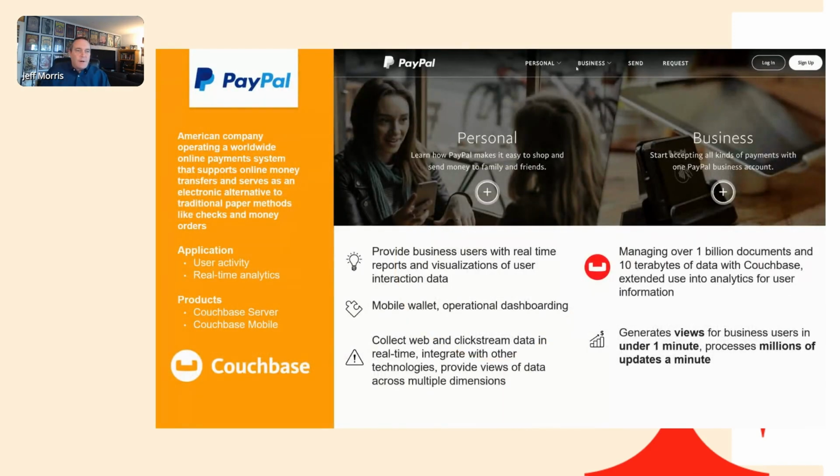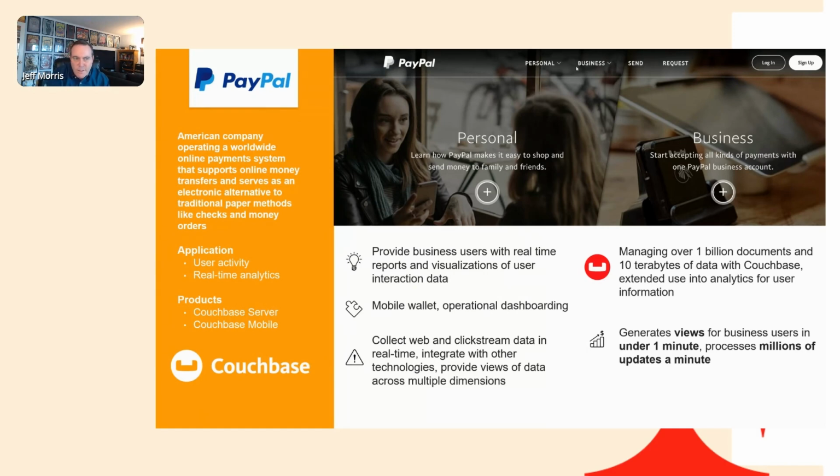So let's talk a little bit about one of those payment systems. PayPal is using us for both user activity and real-time analytics. They're using both Couchbase Server and Couchbase Mobile to understand the user interactions in their mobile wallet and in their operational dashboard. They're gathering clickstream information and real-time data all over the place, managing over 1 billion documents and terabytes of data.